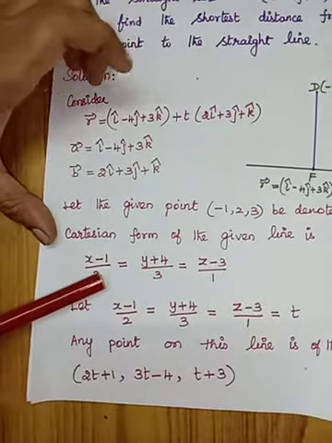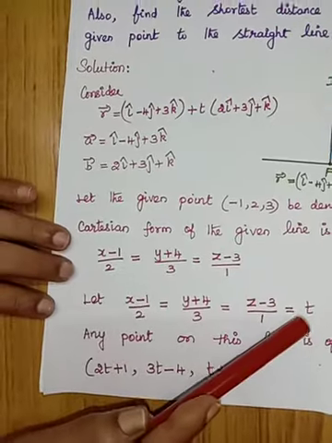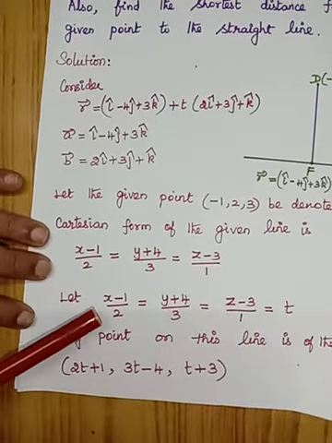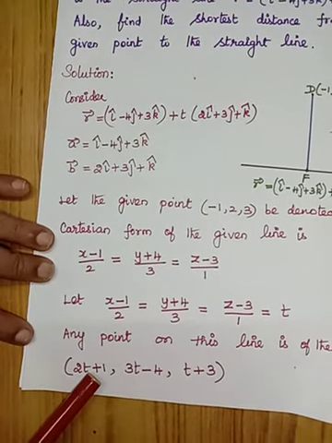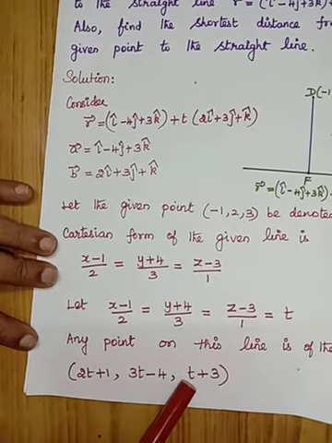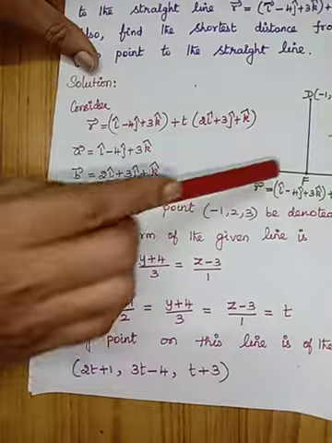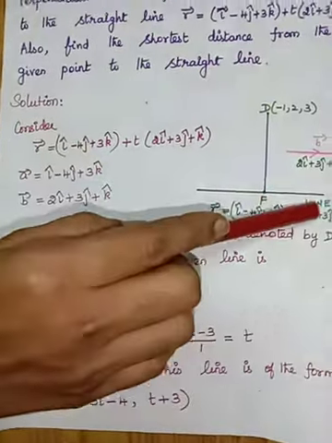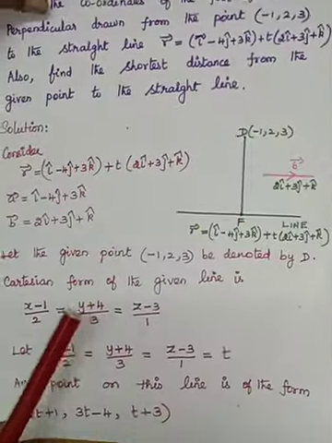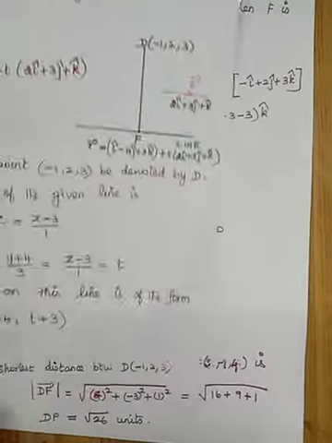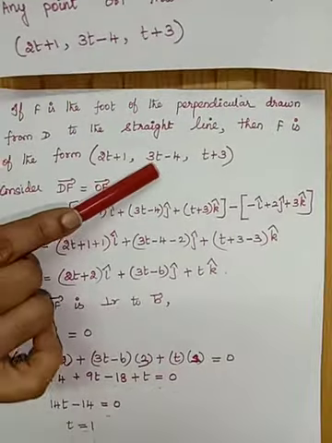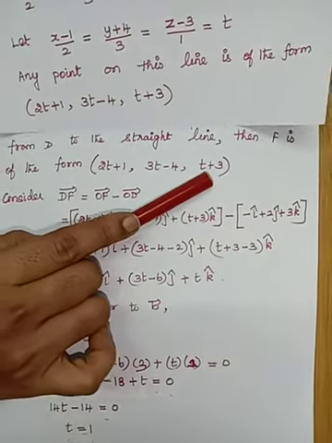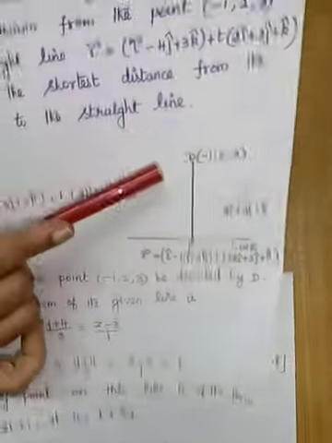So it is the Cartesian form. You have to take this equal to t, and you are going to find a point on this line which is of the form (2t plus 1, 3t minus 4, t plus 3). And your F is also on the same line. So it is also of the same form: F coordinates are (2t plus 1, 3t minus 4, 3 plus t).